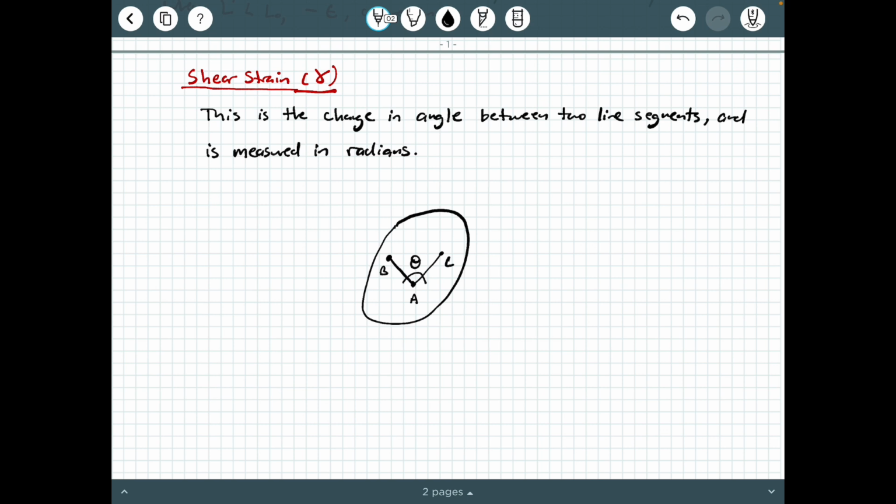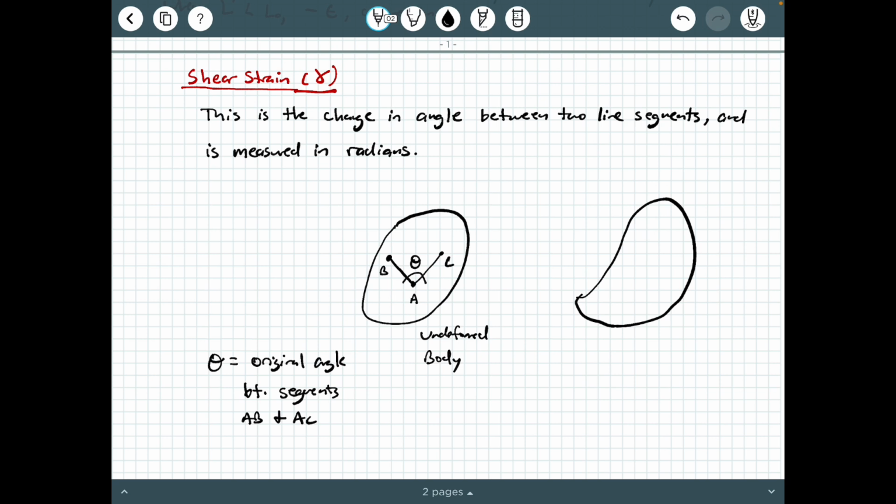So theta is the original angle between segments AB and AC, and this is the undeformed body.